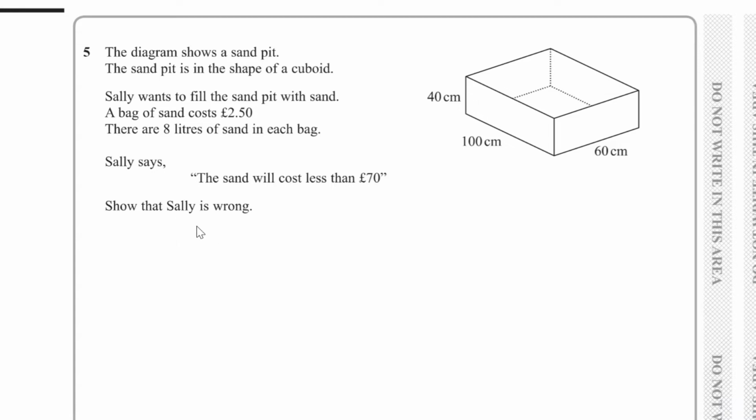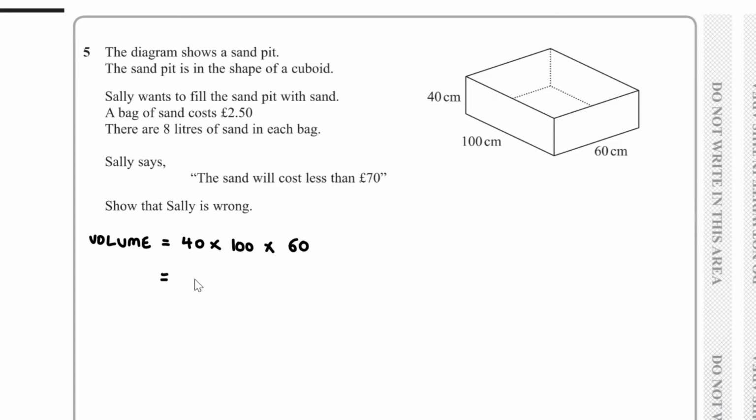Well, the first thing we need to do is find out the total volume of the sandpit. So therefore the volume is equal to 40 multiplied by 100 multiplied by 60.